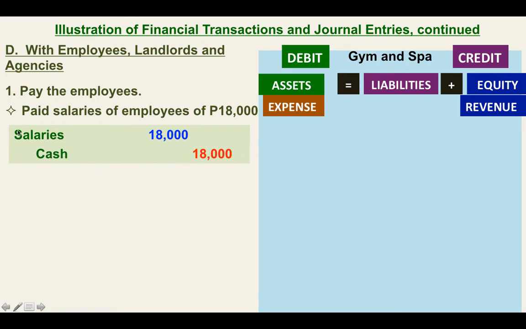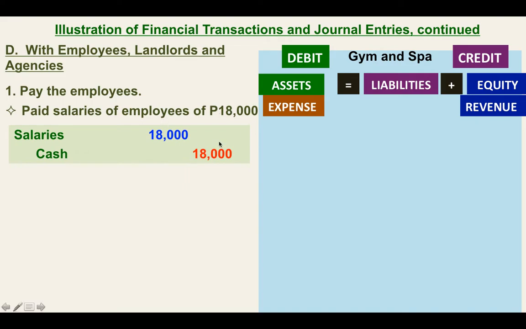Take note of how we present the debit. The debit is written first, and then indent a little bit and you will write the credit. As far as the amount, there should be a column for debit and a column for credit in the columnar journal that you are going to use.